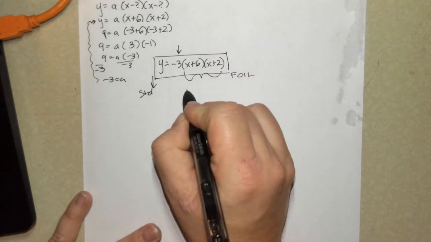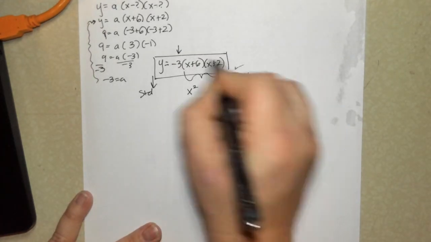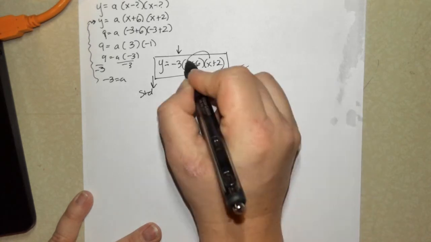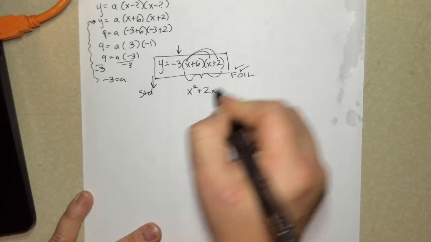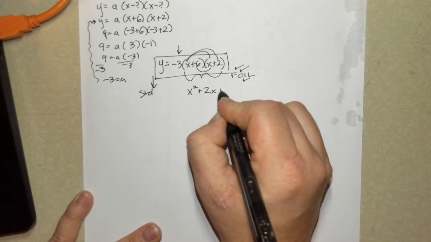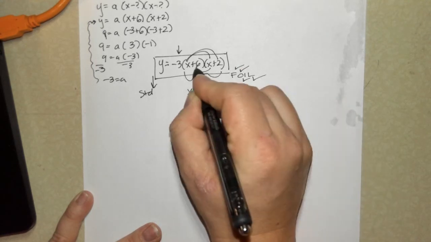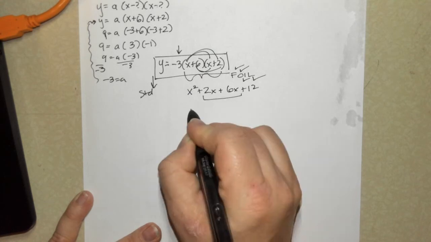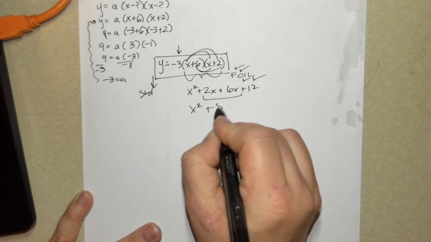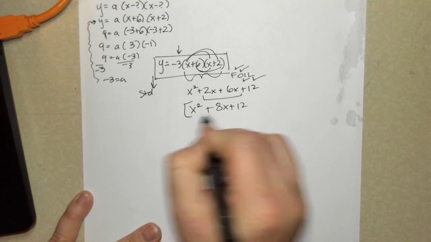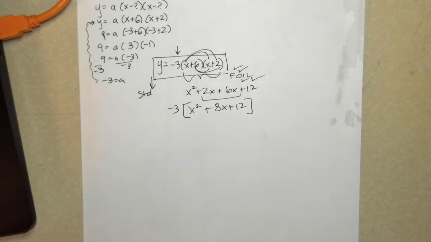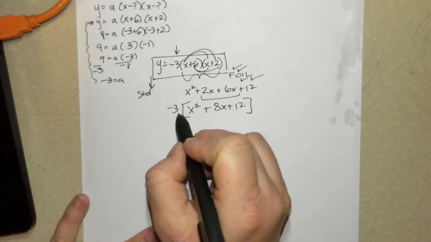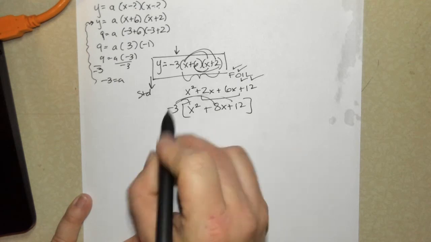Foiling the inside, I have front, x squared, outside, 2x, inside, 6x, and finally 6 times 2 is 12. When I combine like terms, my two middles, I get x squared plus 8x plus 12, and now don't forget to take that -3 and distribute it.